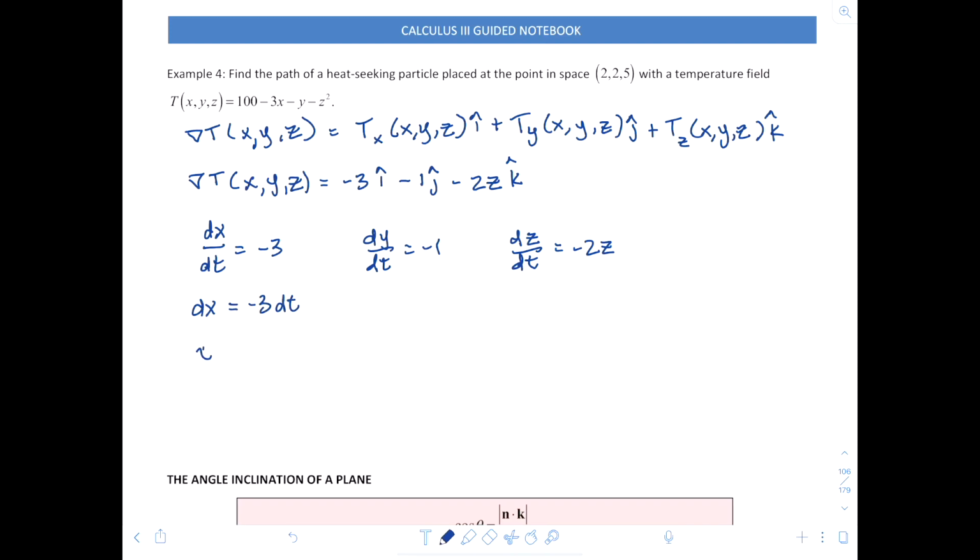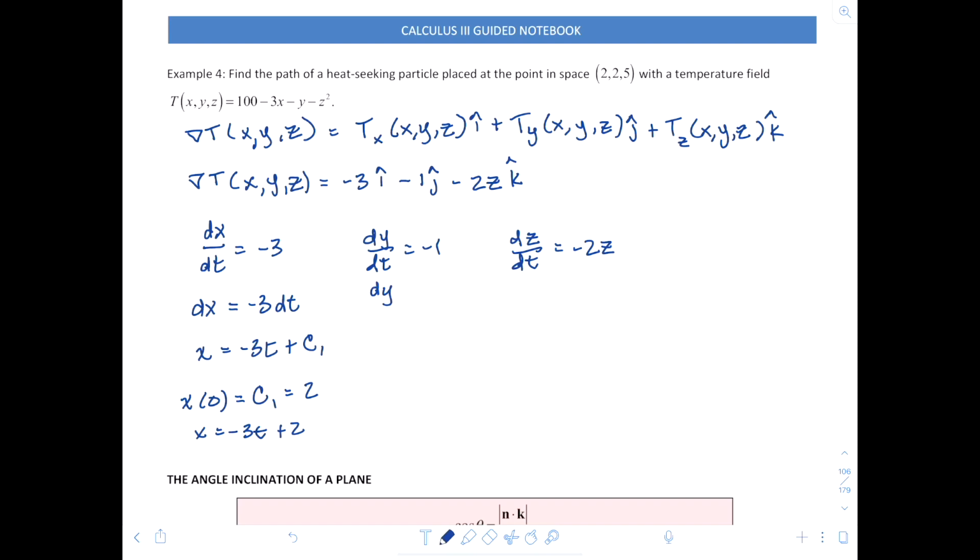In integrating, we would get x is equal to -3t plus some constant, call it c1. x at 0 would equal c1, and c1 in turn is equal to 2. So we would end up getting x is equal to -3t plus 2.